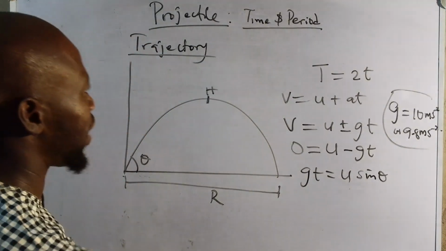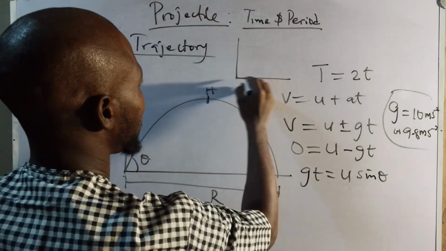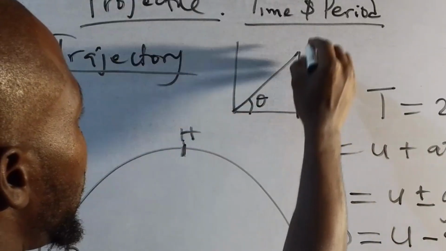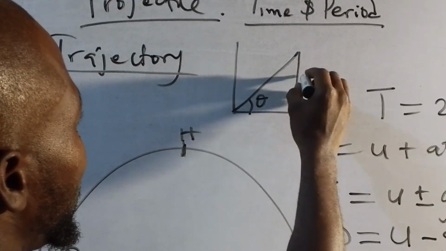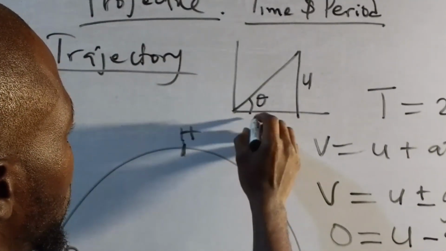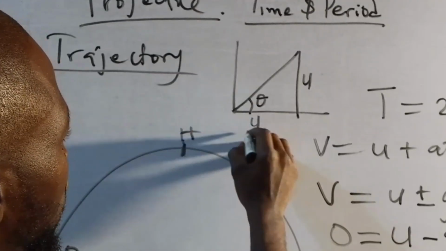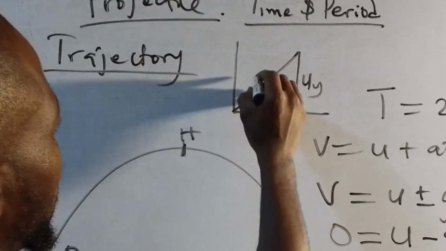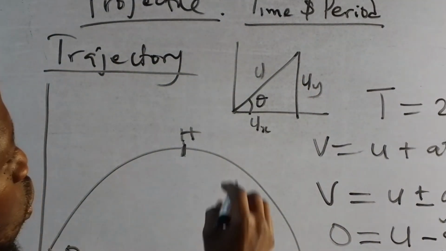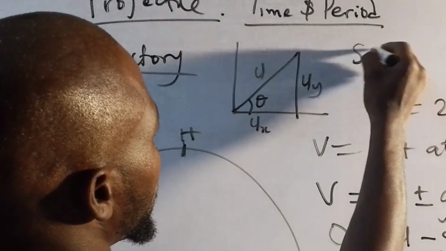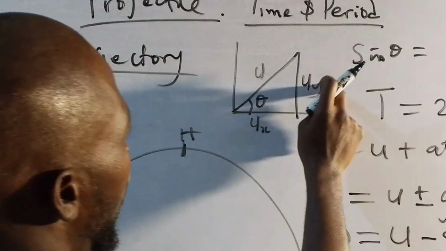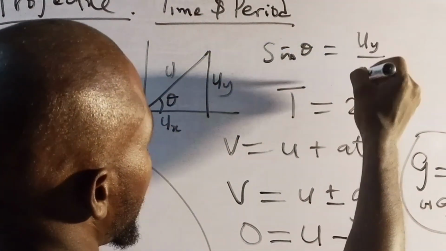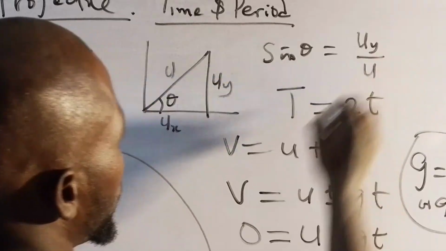Why is it u sine theta? Because if I draw my vector like this, this is theta. It is going up, so I'm looking at the u component to the up. This is a u component to this side: ux, uy. This is our u. So sine theta is equal to opposite over hypotenuse, which is uy over u.